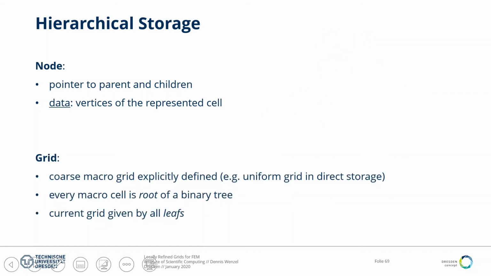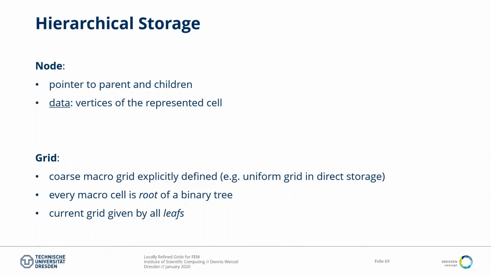And now this whole grid is represented by creating one so-called macro grid, because it's very coarse, that is explicitly defined, for example, as a uniform grid that can be stored in a direct way.